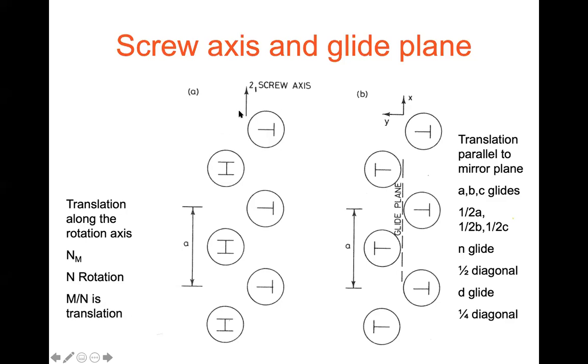For example, the 2-1 screw axis. What does it mean? You have two-fold rotation followed by 1/2 translation, 1/2 of the cell length, your unit cell length in that particular axis direction.